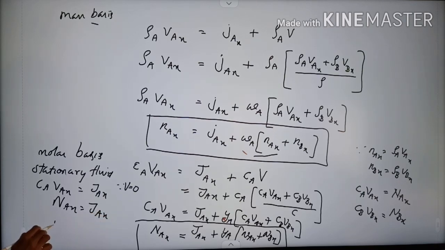Or based on the mass, small nx is equal to Jx for a stationary fluid.